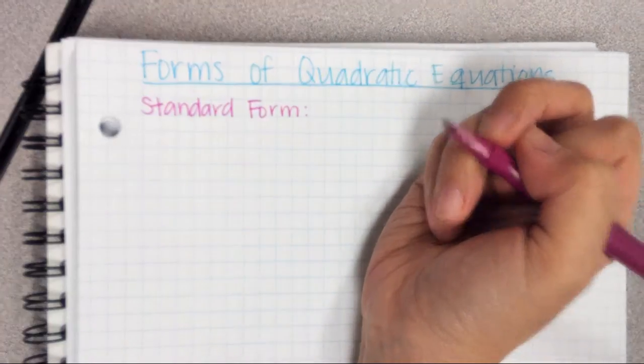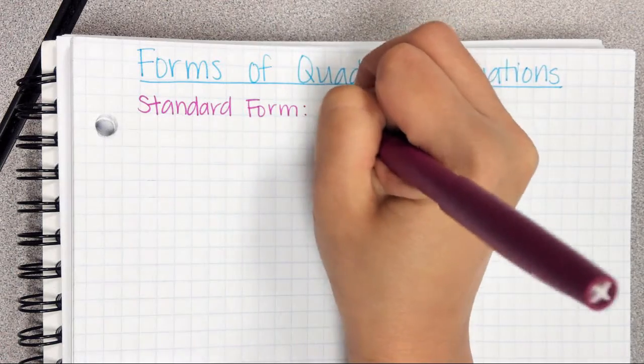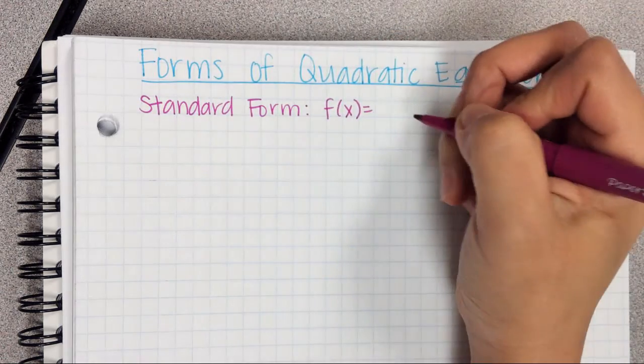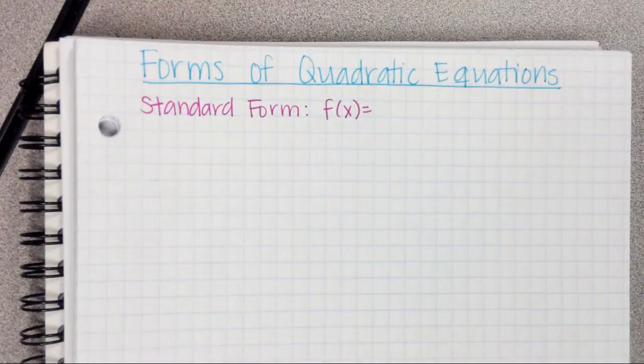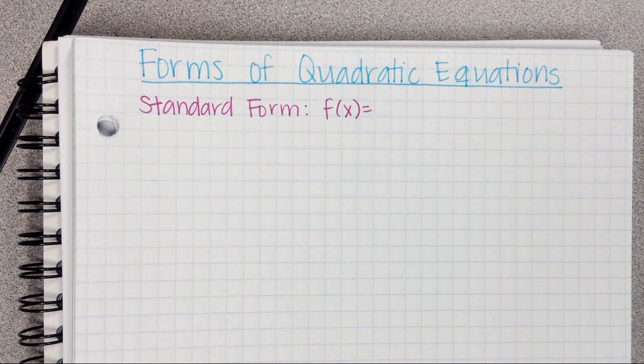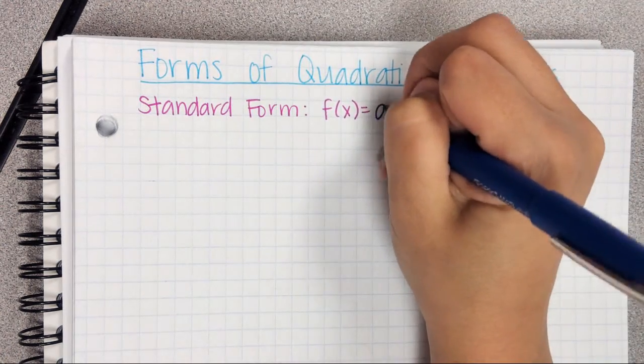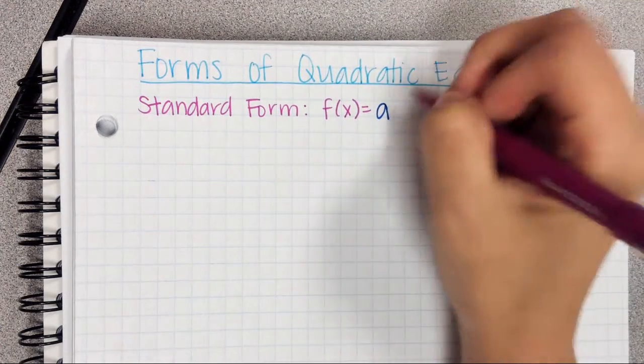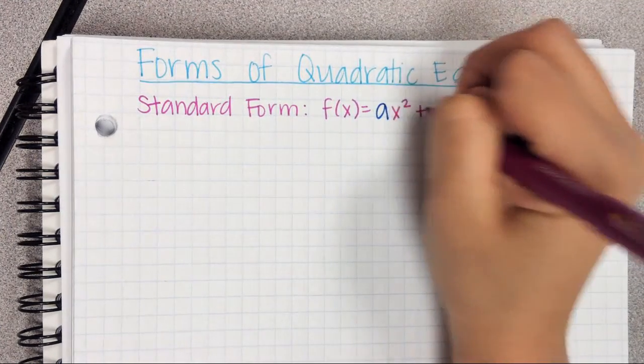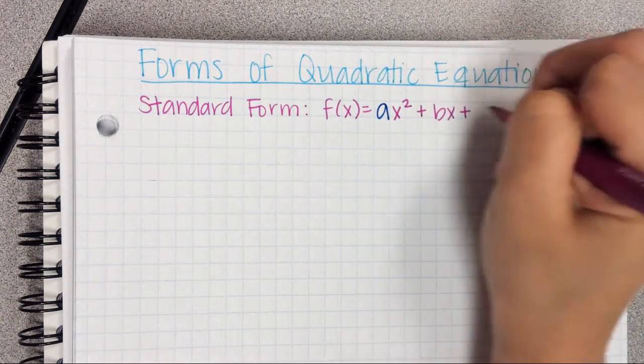Standard form is f of x equals, I'm going to make this first one a different color because this one appears in all of the equations, so we'll make it a dark blue. Ax squared plus bx plus c.